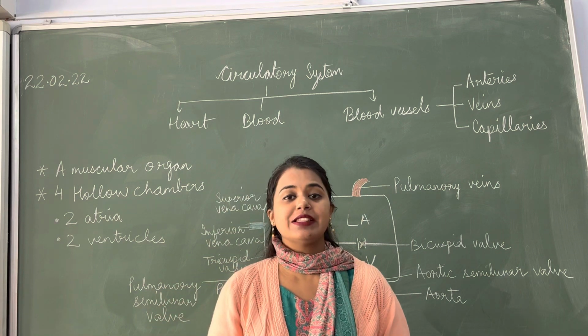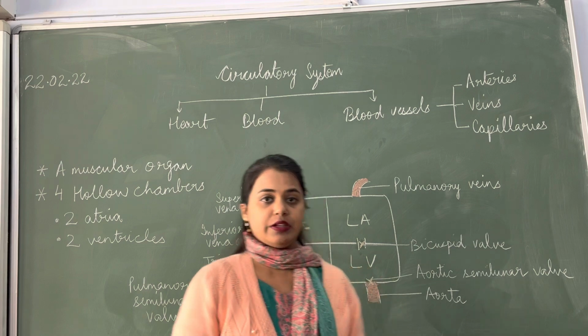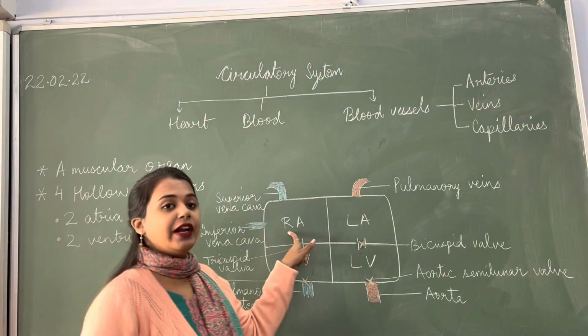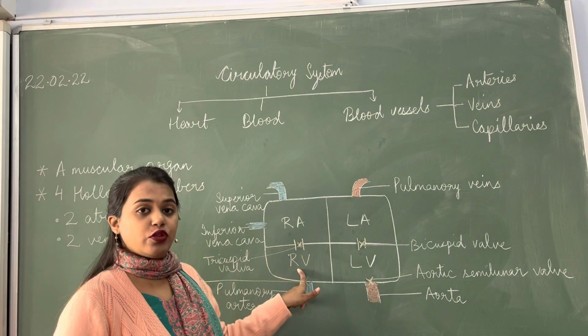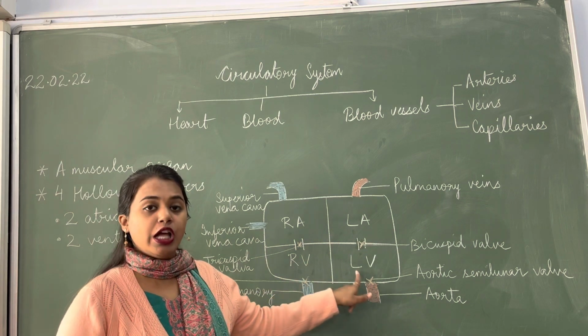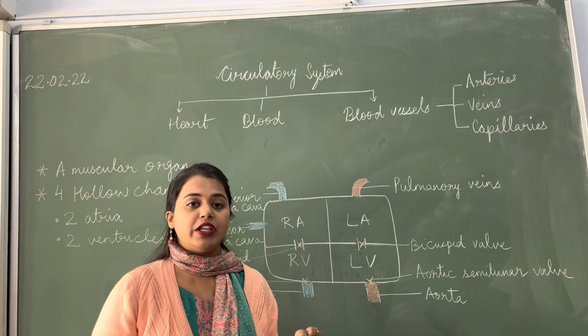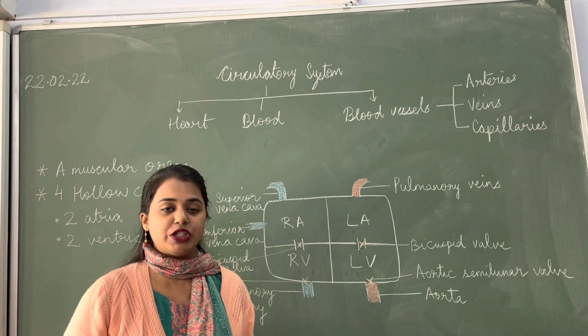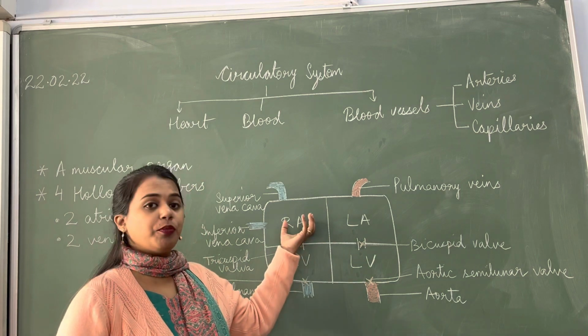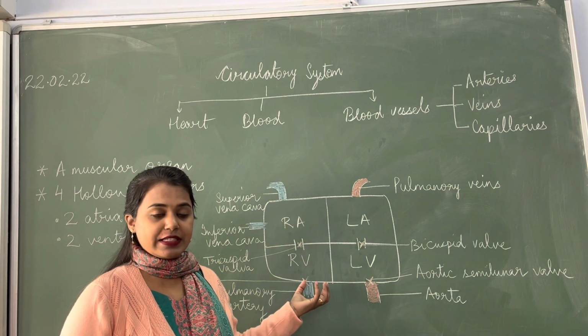Now moving on to the circulation of the blood in heart. We can see the diagram here. RA means right auricle, LA left auricle, RV right ventricle, LV left ventricle. So it all begins with the contraction of the auricles. At this time the ventricles relax and are empty. So the blood flows easily from the auricles to the ventricles.